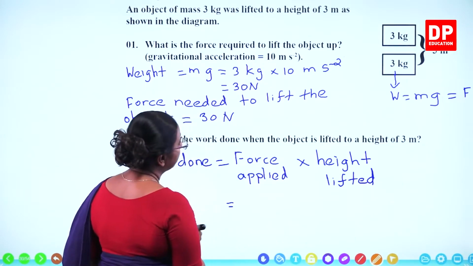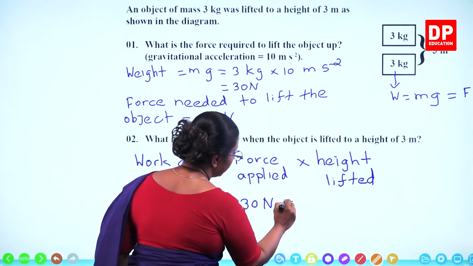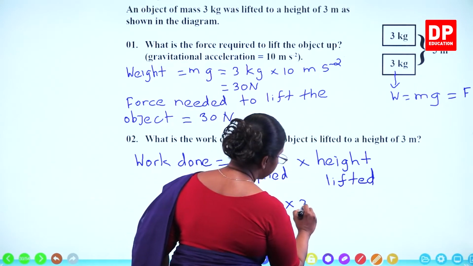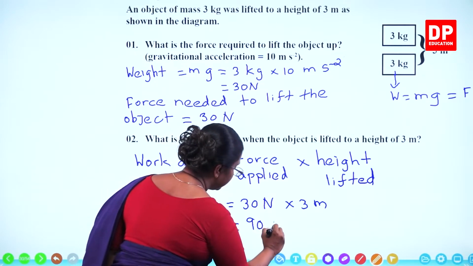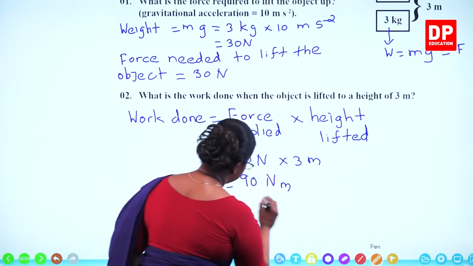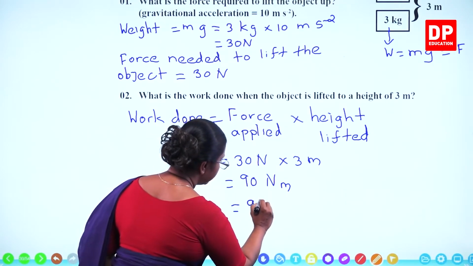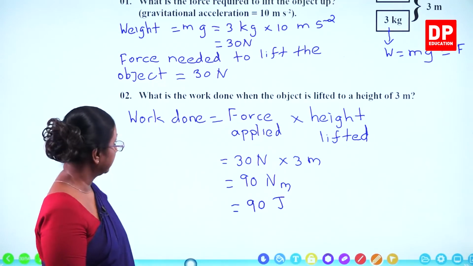So that will be equal to force applied is 30 Newton and the height lifted is 3 meters. So that is going to be 90 Newton meter, which is equal to 90 joules, the standard unit of work done.